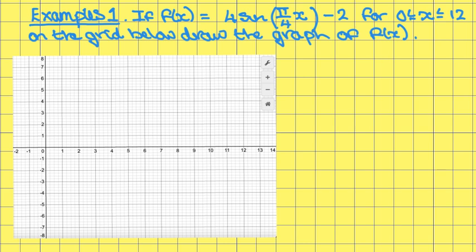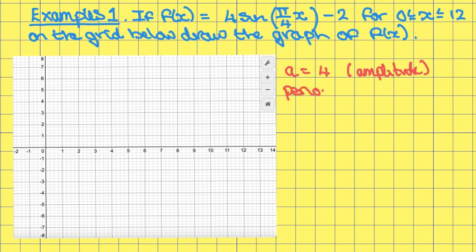So in this type of question, you've got to work out the amplitude, the period, and any horizontal or vertical translations, and you get all that from the equation that you're given. So we know that a is equal to 4, so the amplitude is 4. We can work out the period.